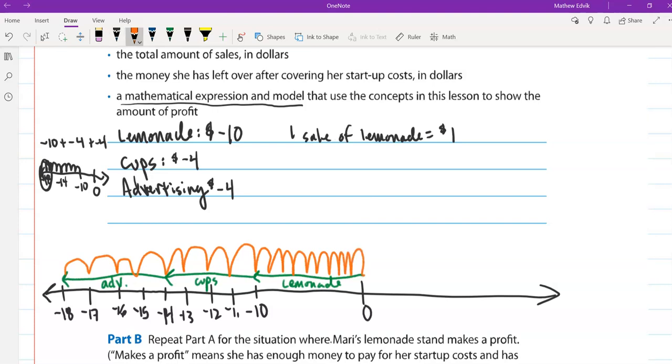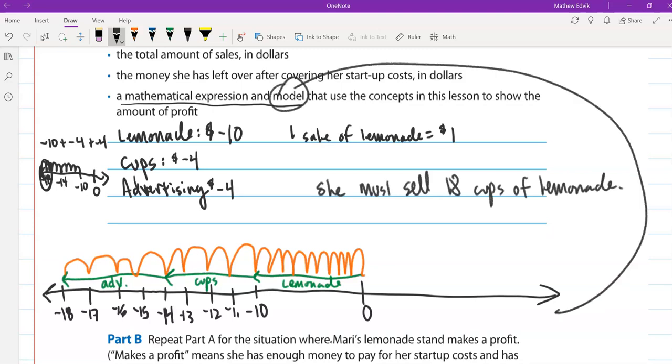So she must sell 18 cups of lemonade. Okay, so we've got the model part. That's this part down here. So when it says draw a model, a number line is one option that we could choose.